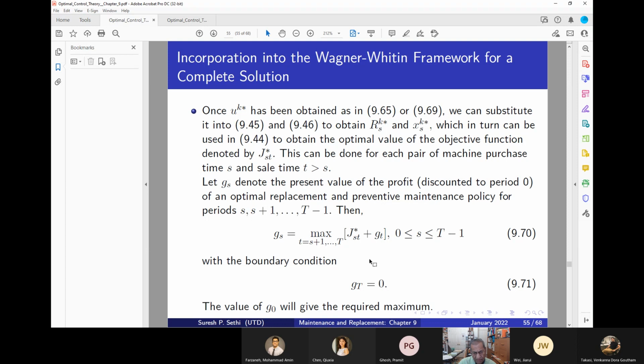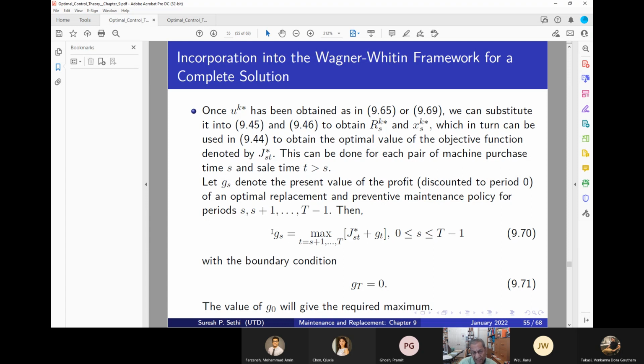Then, just like traveling salesman, we can do the dynamic programming. So suppose I do the dynamic programming, then GS has to be defined by, I begin from S to T, some machine where T is arbitrary in some sense, or T is unknown. And then once I solve this problem, then at the end it's going to be GT.